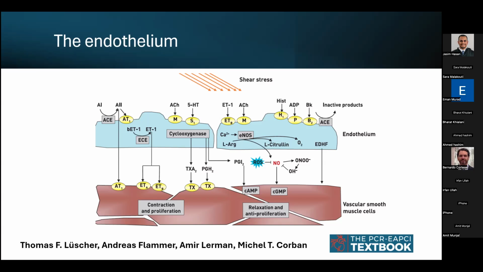As part of the shear stress response, there is usually the normal response where nitric oxide will be released, and we will have some sort of vasodilatation. There are other substances that are locally acting, of short duration, and regulate this mechanism. We're talking here about acetylcholine, bradykinin, histamine, and else.